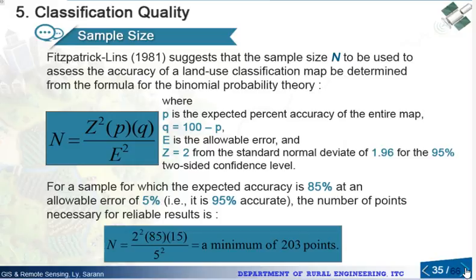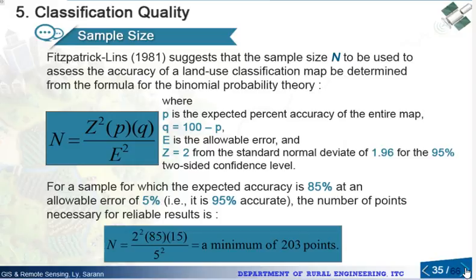As you see here, in the formula, P is the expected percent accuracy of the entire map, E is the allowable error, and Z is from the standard normal deviate, 1.96 for the 95% two-sided confidence level.